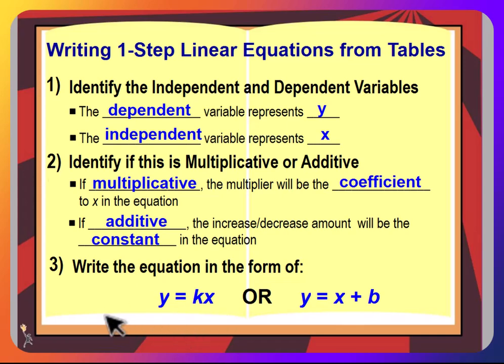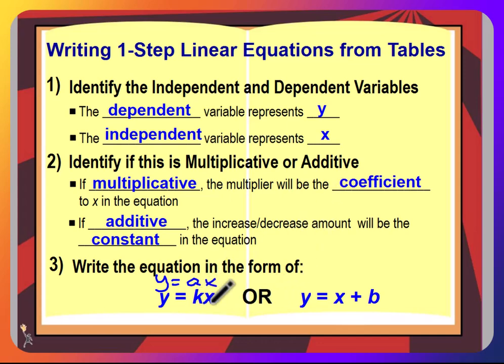And we talked about the two equation forms that you can write for linear relationships. The first one is y equals kx. It can also be called y equals ax. The a and the k are interchangeable depending on what you're talking about.